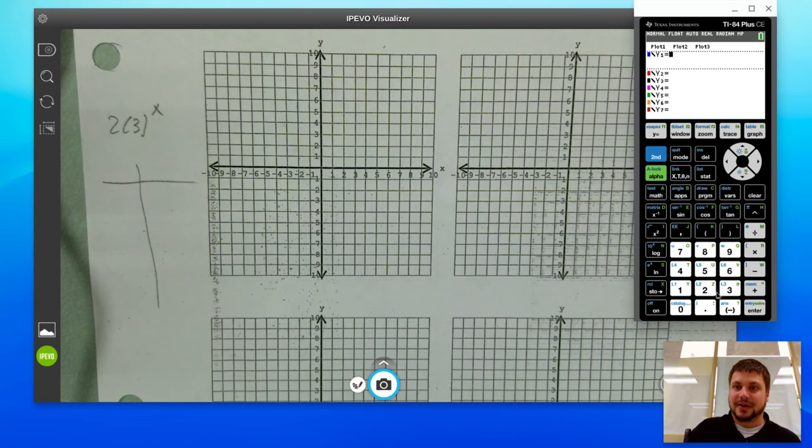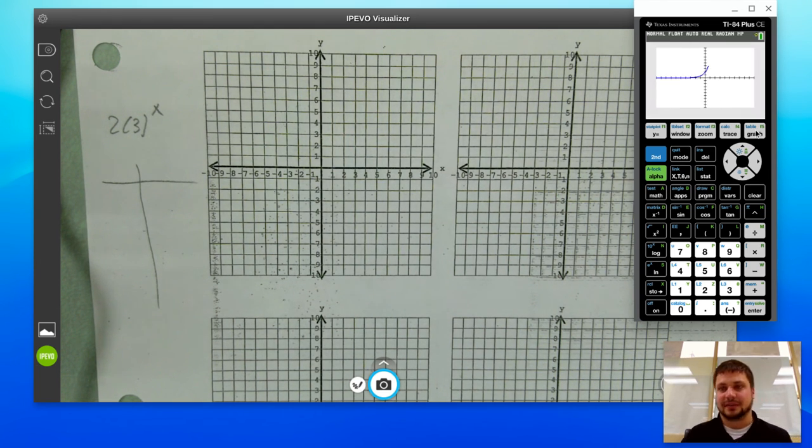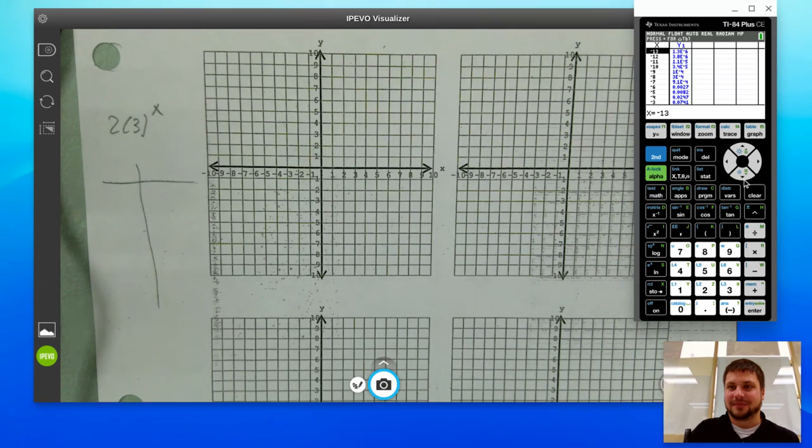So you have 2 times 3 to the x power. I'll graph it to take a look at it, then go to the table to get some values with numbers that I can really fit in, okay?